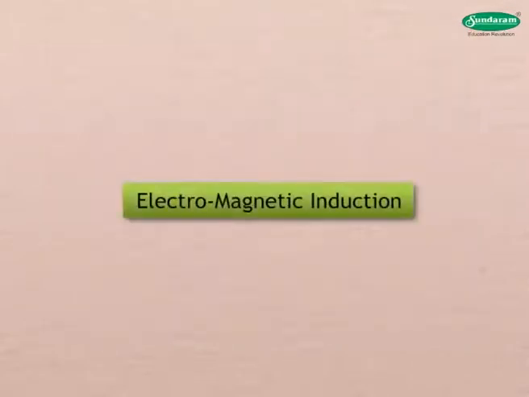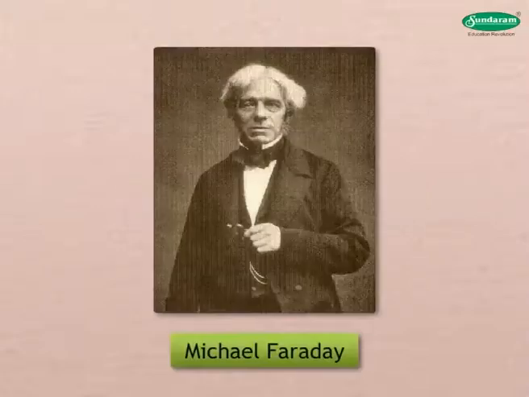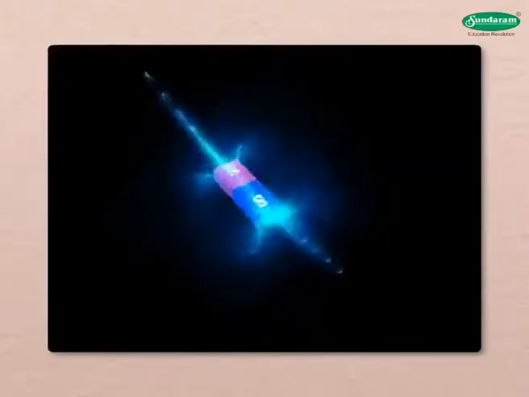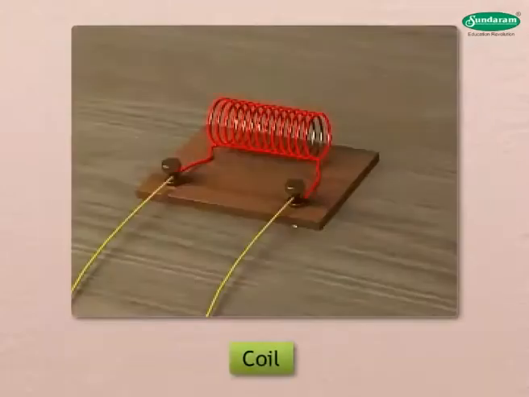Electromagnetic induction. Next, we shall study electromagnetic induction. Michael Faraday, the English scientist, was the first person to prove that a magnet could create current. In order to test this, a coil of insulated copper wire was taken.